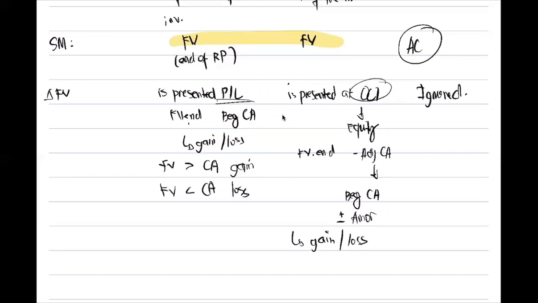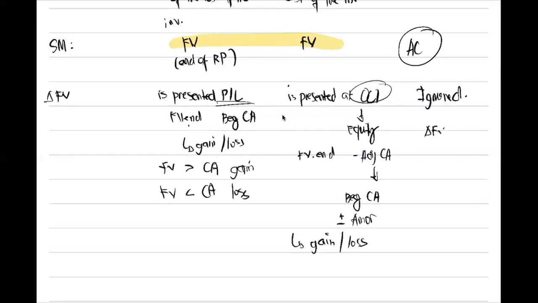Okay, next. Sir, how about the change in fair value? Sabi kasi natin ignored. Will we not consider it in the impairment? Diba? Kasi nga, change in fair value. No, it's still ignored. Change in fair value means the increase or decrease in the value of the investment, particularly the market value.